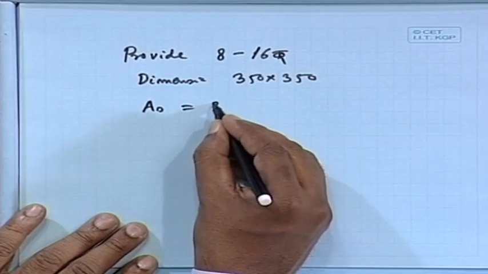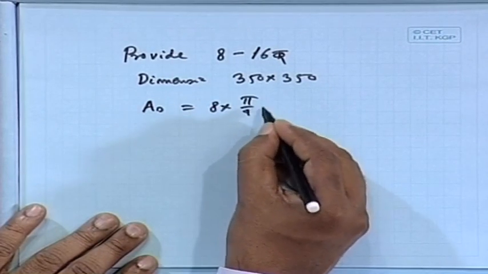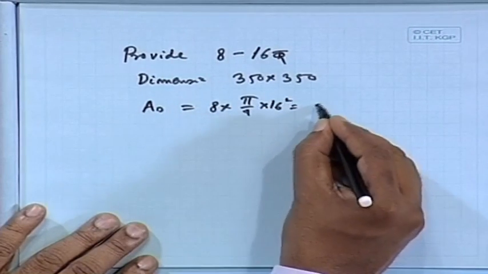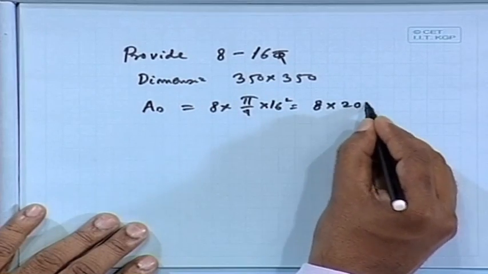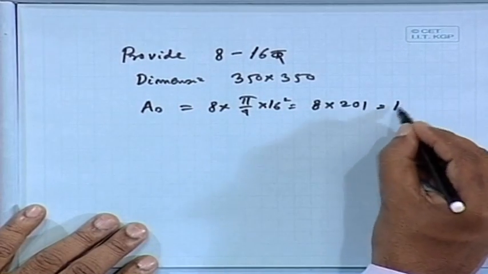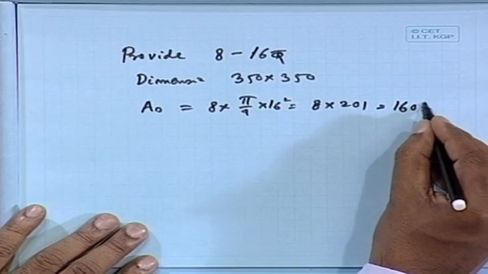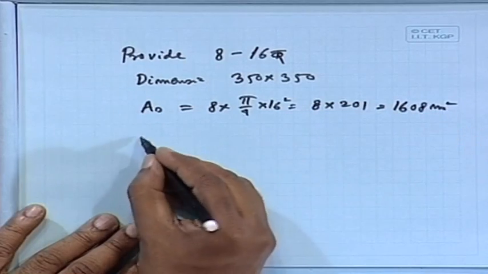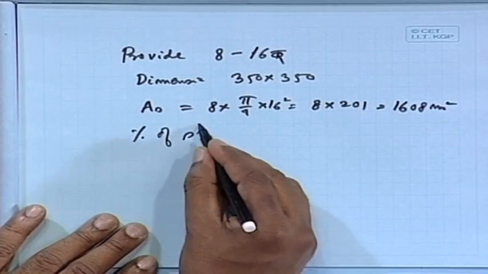AS equal to 8 16 torque. So, percentage of steel.